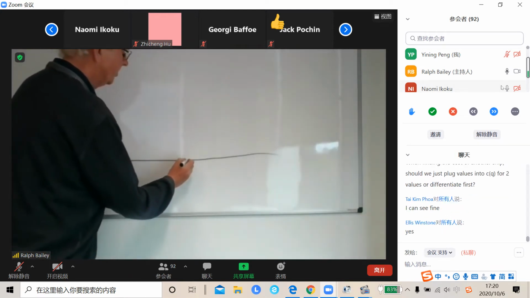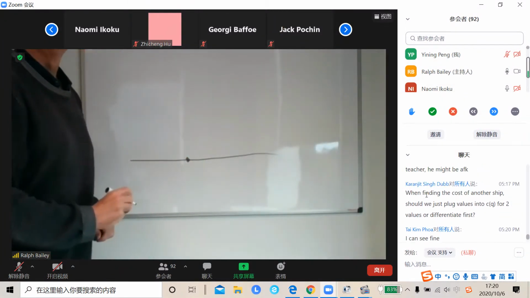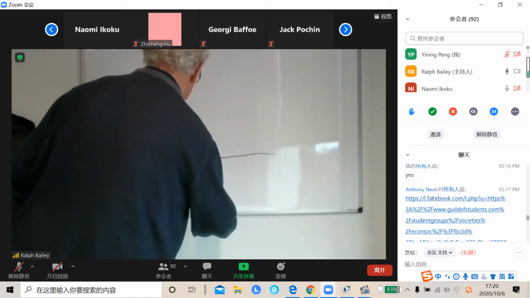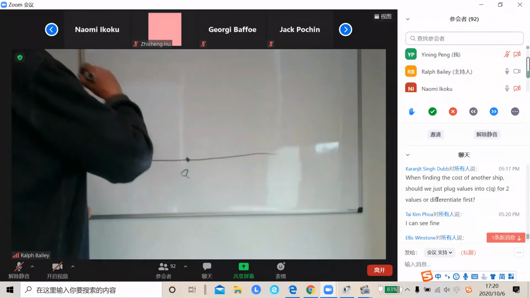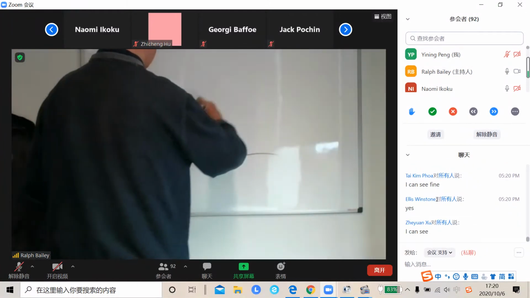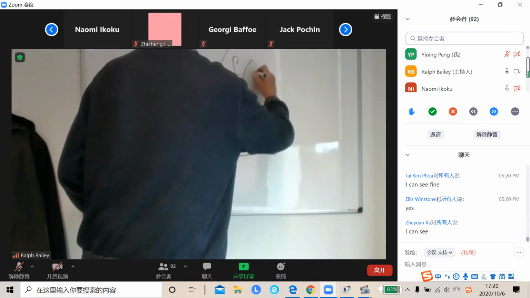I mark a point on it. I think this is 10 in the example, but it's called a in general. And we have a function. This is f of x.